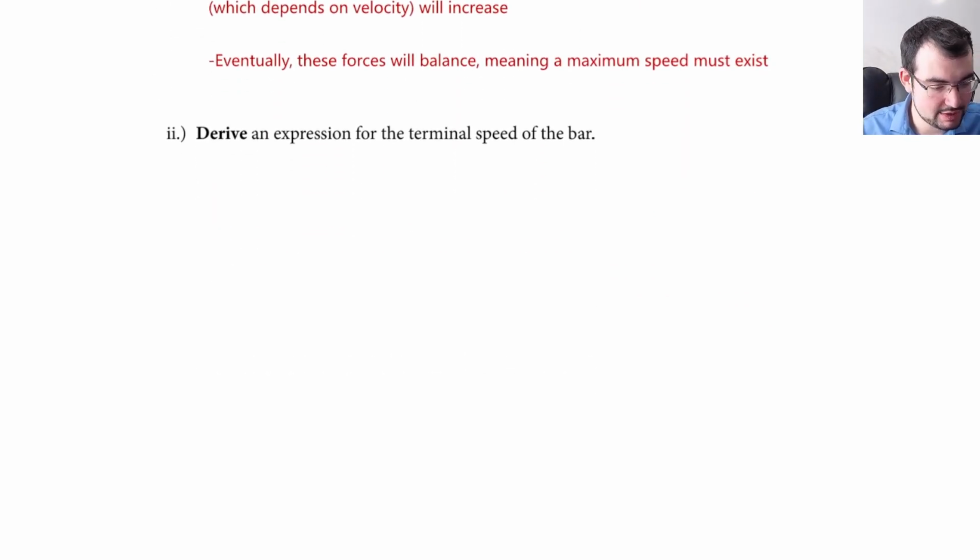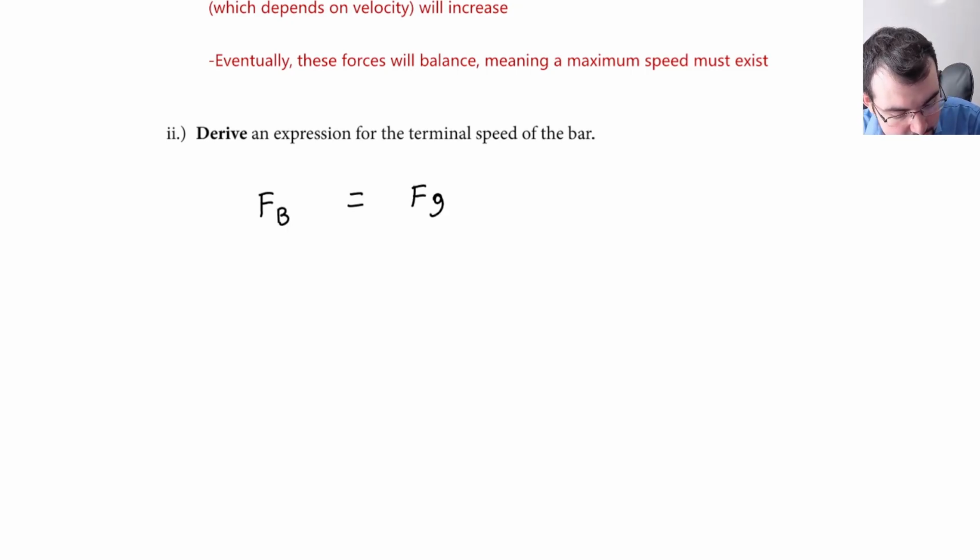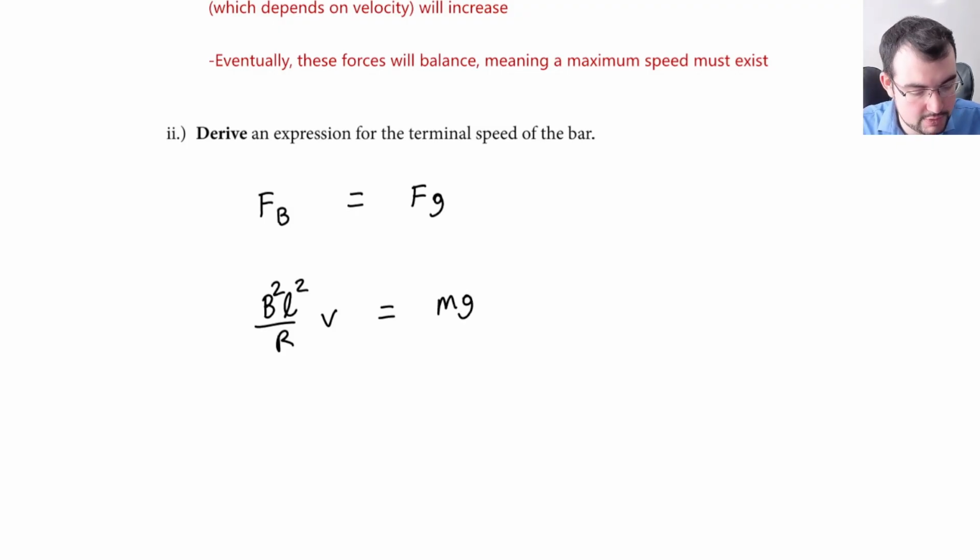It's actually really easy to get the terminal speed of the bar now, because we know that FB and FG balance each other. FB, we worked out in the previous problem. I don't think we need to redo it. And mg is the gravitational force. So we worked this out in the previous problem, that the magnetic force acting on the bar at velocity v could be written as this expression.